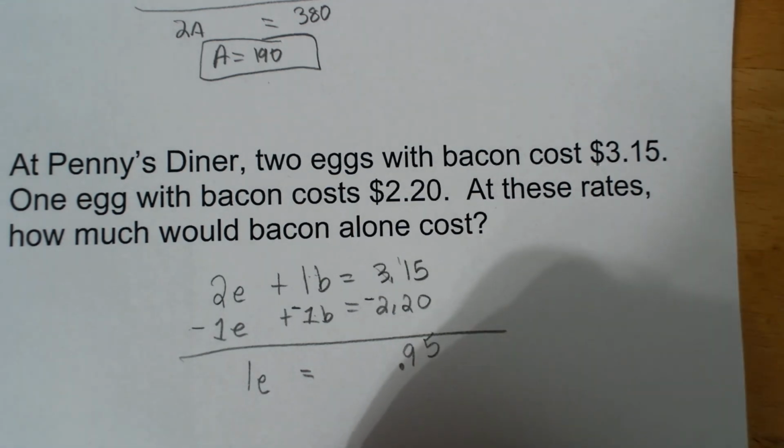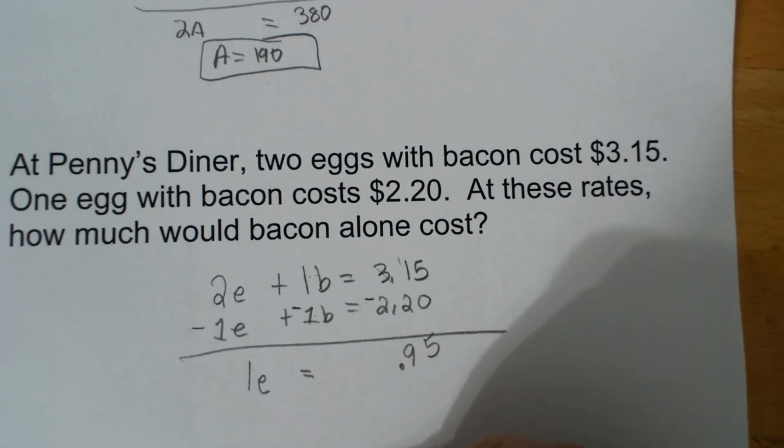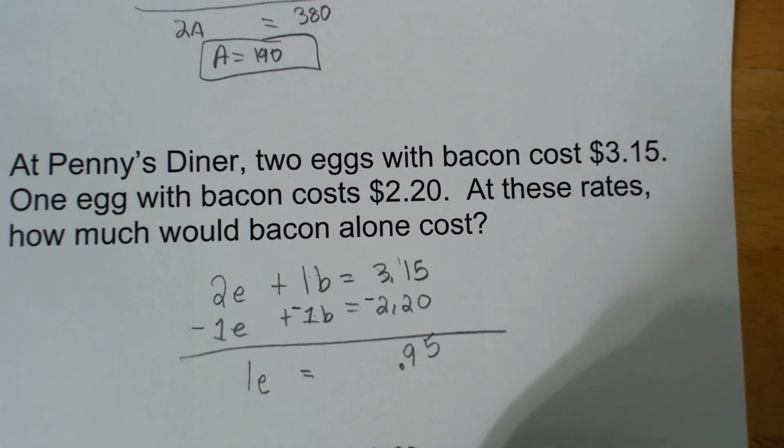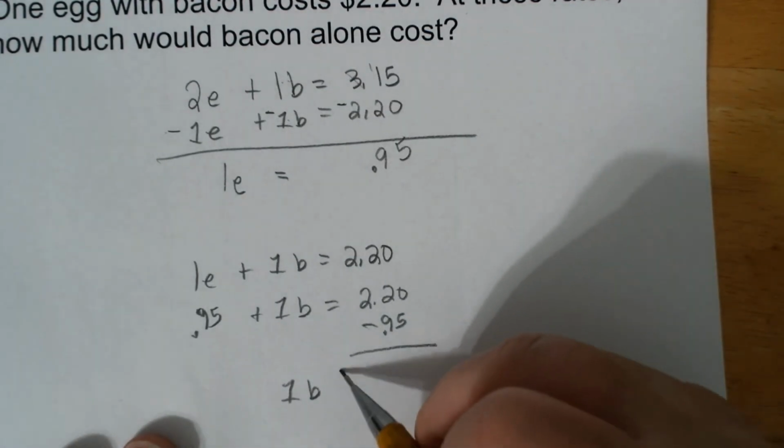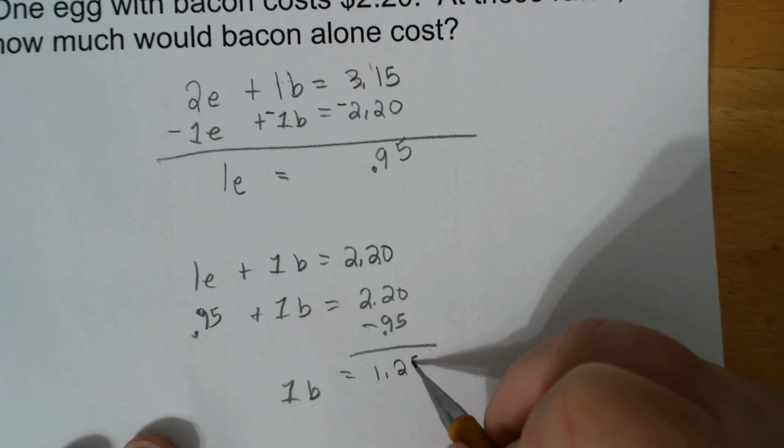And so I have 1 egg and 1 bacon equals 220. And so this is 95 plus 1 bacon equals 220. Subtract the 95 and you get 1 bacon equals $1.25.